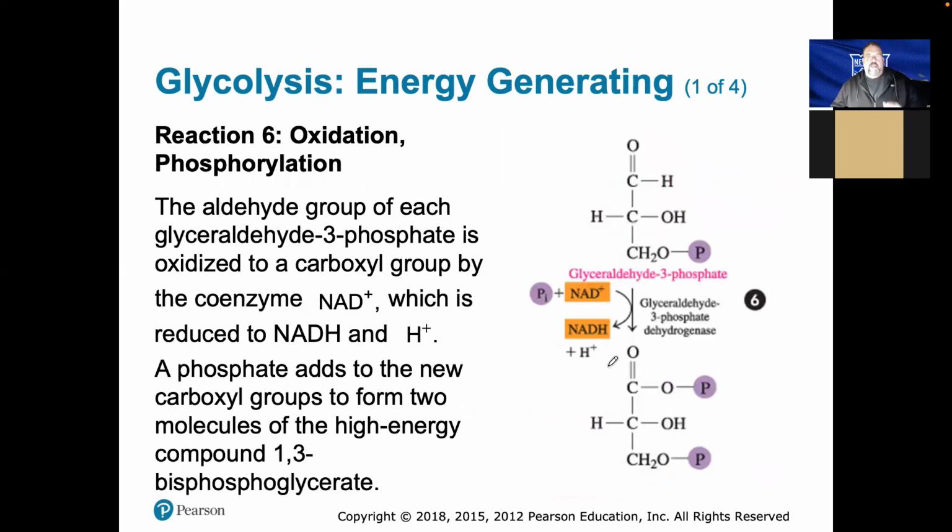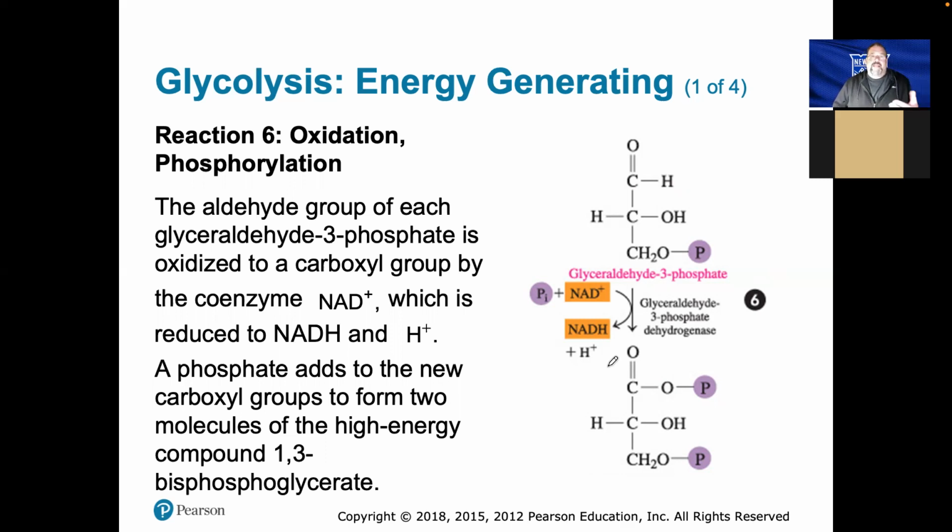All right. The second part are energy generating reactions. So reaction 6, oxidation, phosphorylation. The aldehyde group of each glyceraldehyde 3-phosphate is oxidized to a carboxyl group by the coenzyme NAD+, which is reduced to NADH and H+. A phosphate adds to the new carboxyl groups to form two molecules of the high-energy compound 1,3-bisphosphoglycerate.